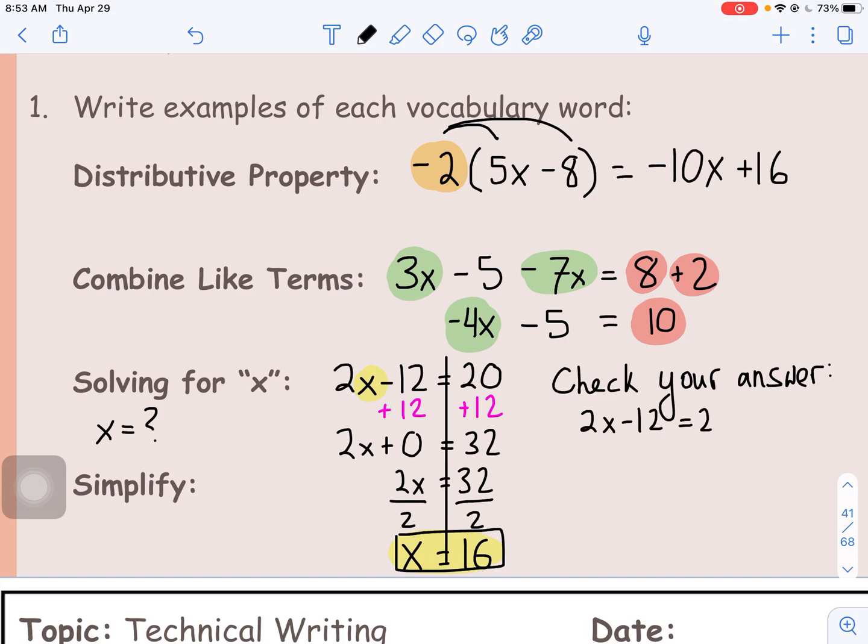So this was our original equation, and I'm going to plug in 16 instead of x. Two times 16 is 32, minus 12 equals 20. 32 minus 12 is 20. 20 equals 20. That's a true statement, which means our answer is correct.